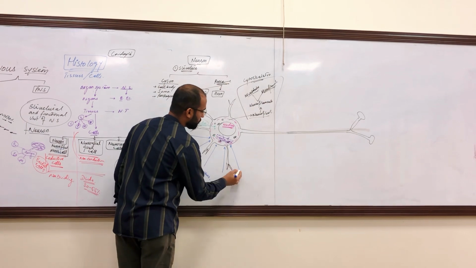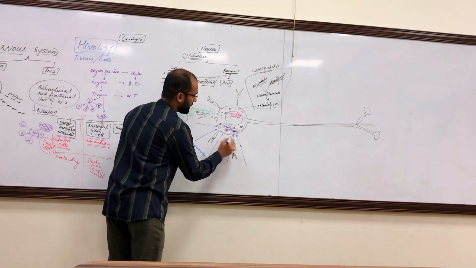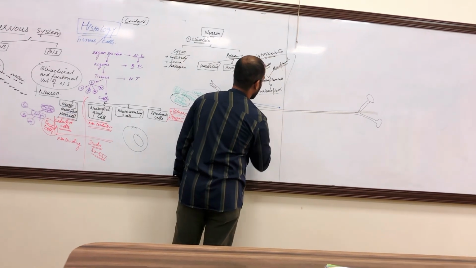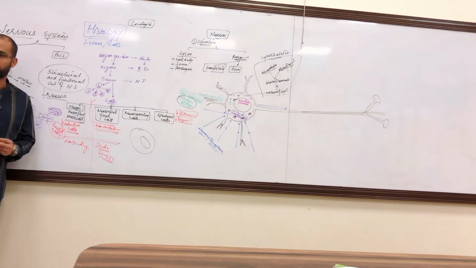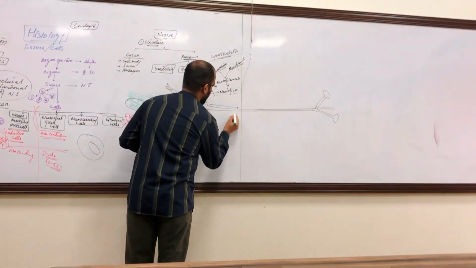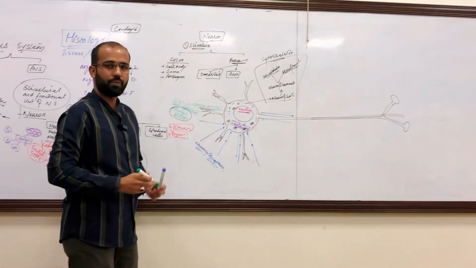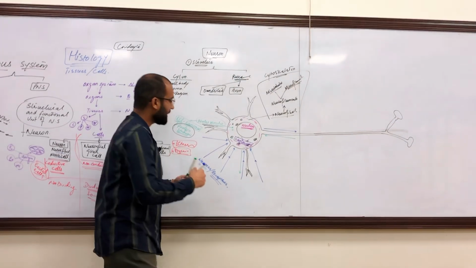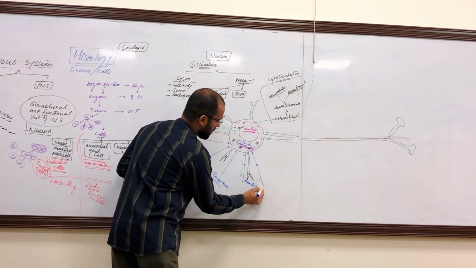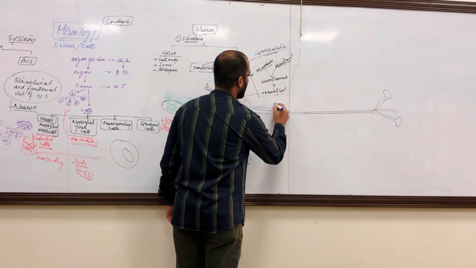If this information goes towards the cell body, and the other criteria is the information goes away from the cell body, the processes that carry the information towards the cell body are known as dendroids, and away from the cell body are known as axon.